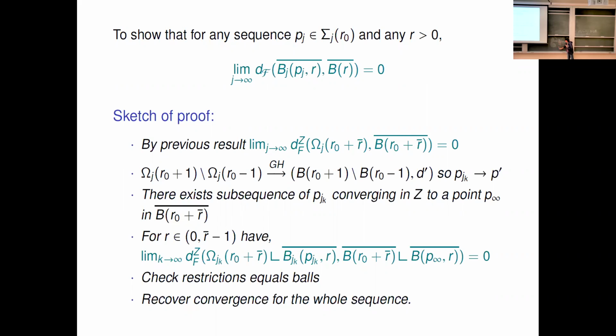So what we have to do is basically choose a big R, so it contains all this part, and then I can make these balls inside this region. So I'm choosing a big radius, R0 plus R bar. Then I know these regions converge to 0.